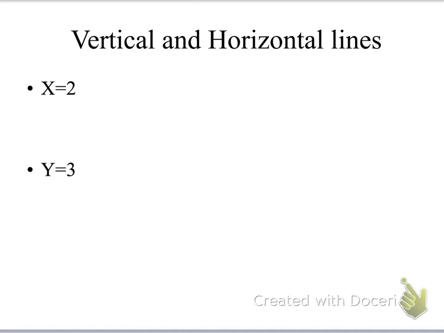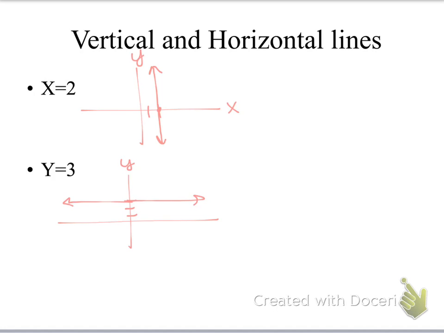Okay, vertical and horizontal lines. x equals 2: I go to my x-axis. This is my x, this is my y. x equals is going to be up and down. And then y equals is my horizontal. So for this one I would go to 3 on my y-axis, and it would go this way because the slope would be 0.